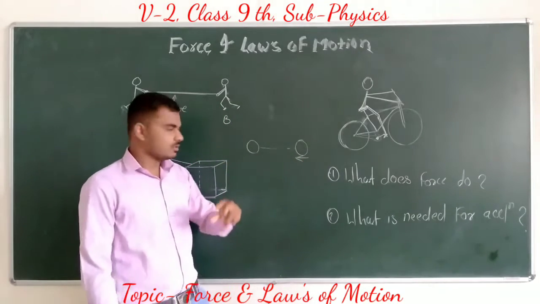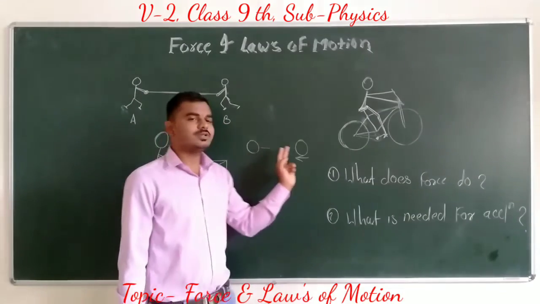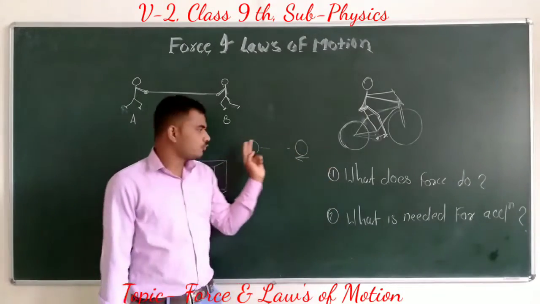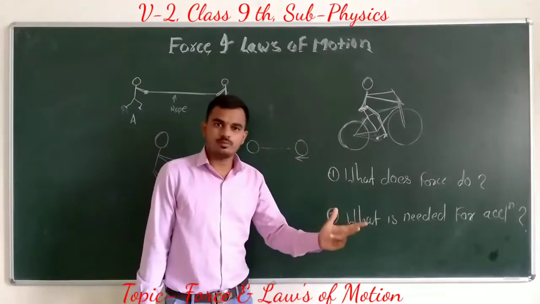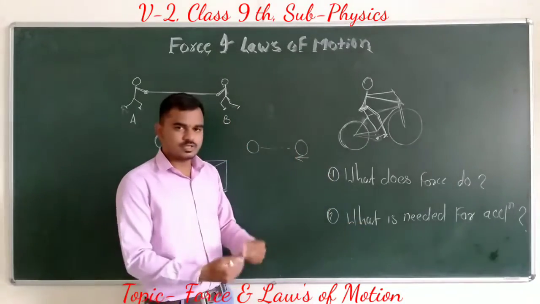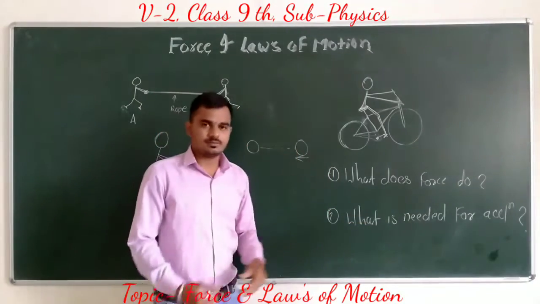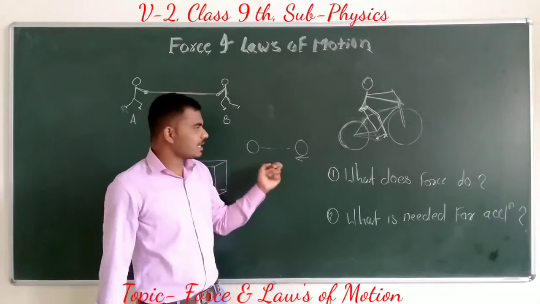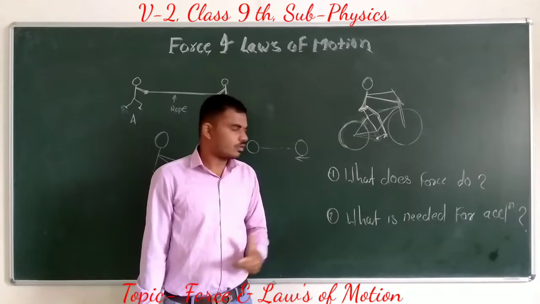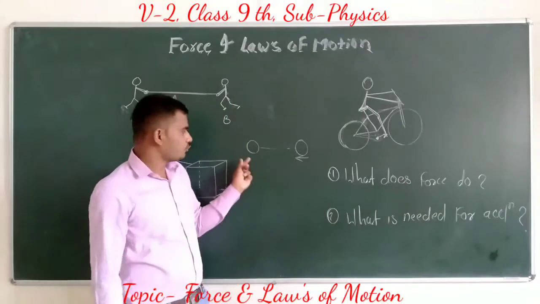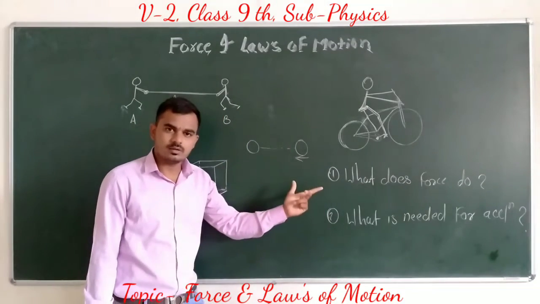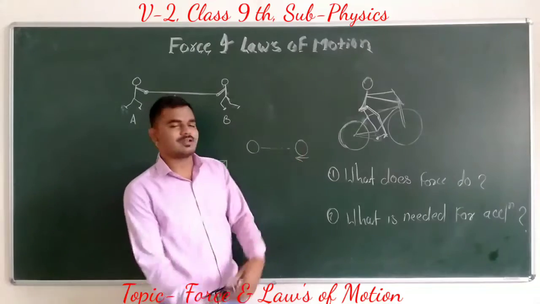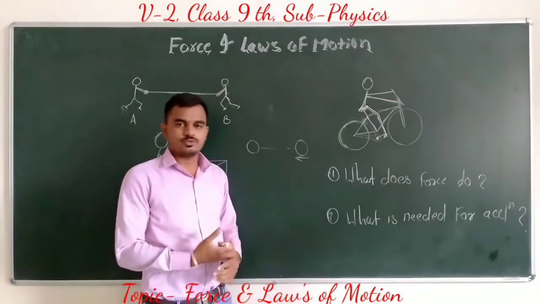Force is required to move the object, to speed up the object, and force is also needed to stop the object, to slow down the object. So these are the main causes of force.